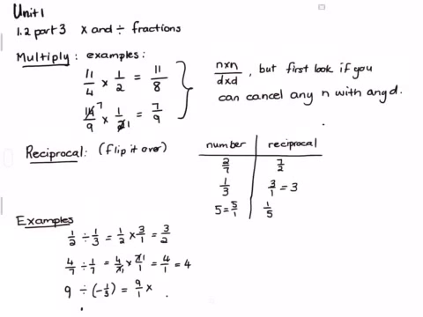The divide becomes a multiply. The negative does not change. It stays a negative, but then the reciprocal of that number. Okay, my rule says 9 times 3 is 27, but can you see I have a positive times a negative? Over 1 times 1, and that answer is just negative 27.